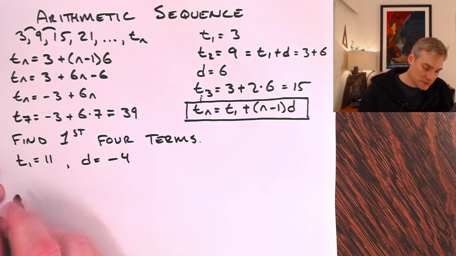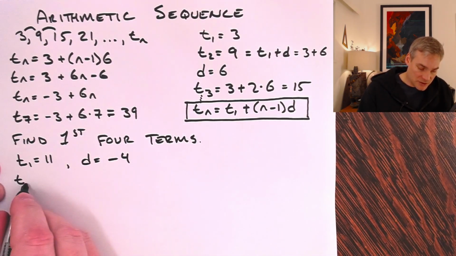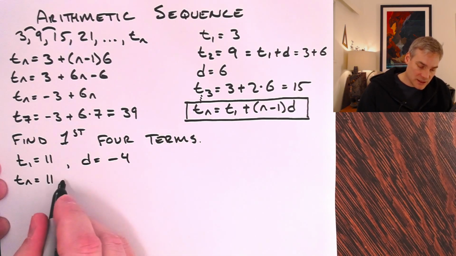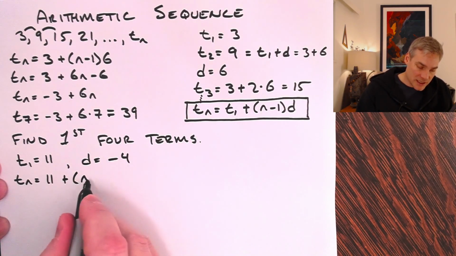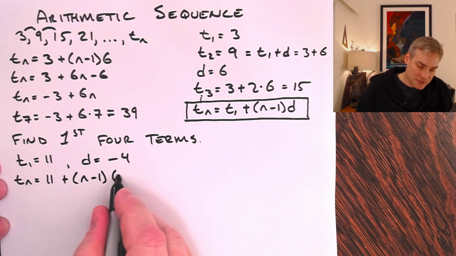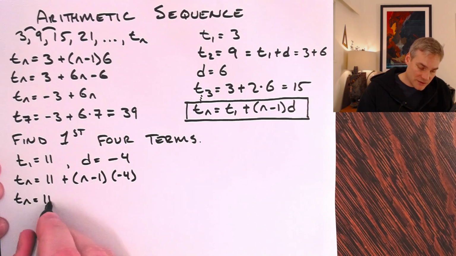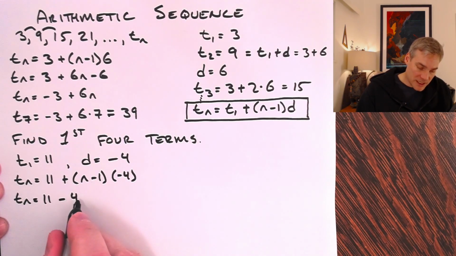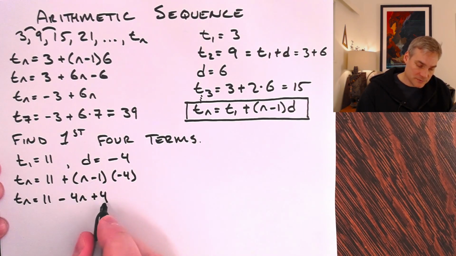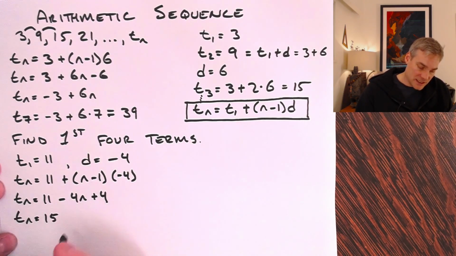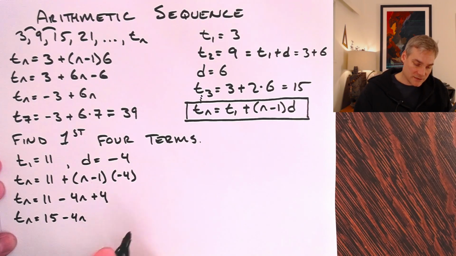Okay, so I want to know Tn, so that's going to be T1, which is 11, plus n minus 1 times negative 4. So Tn is 11 minus 4n plus 4. So Tn equals 15 minus 4n.